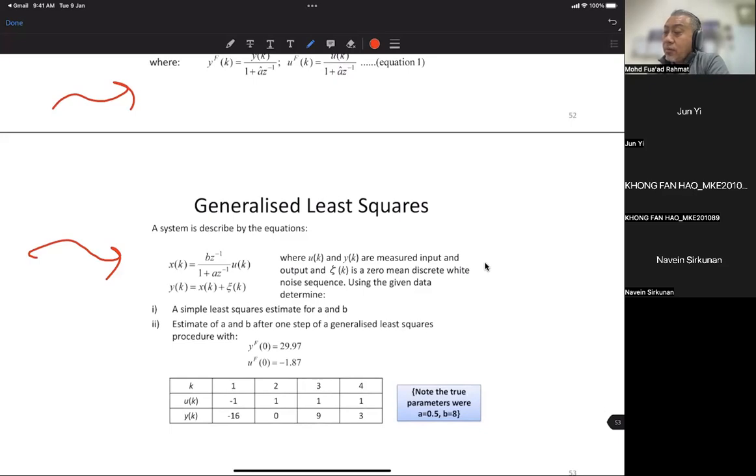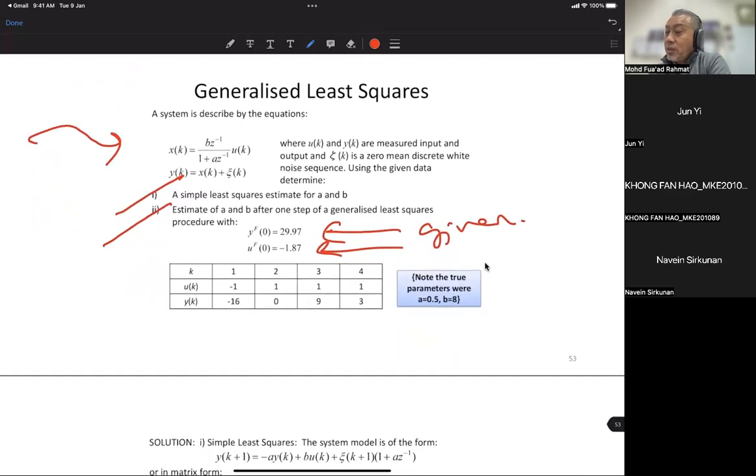Using the data given below, you find the simple least square and estimate one step of a generalized least square procedure, where the filter value is given at k equal to 0.